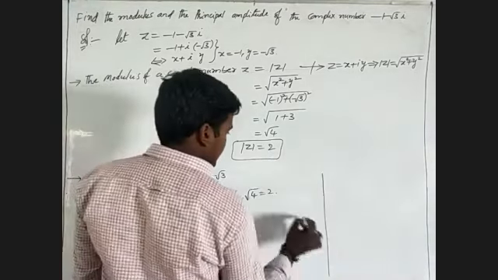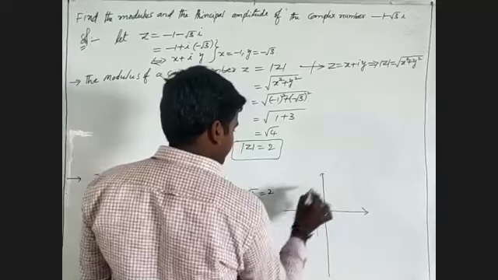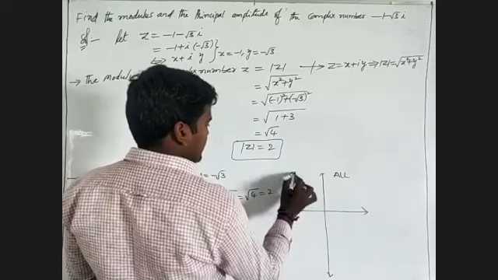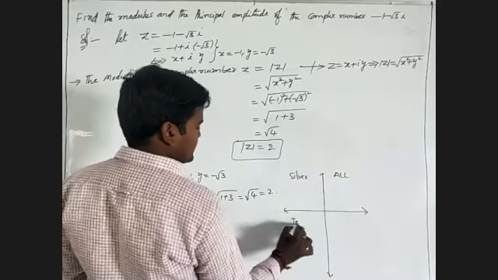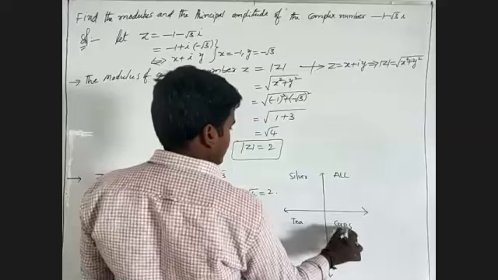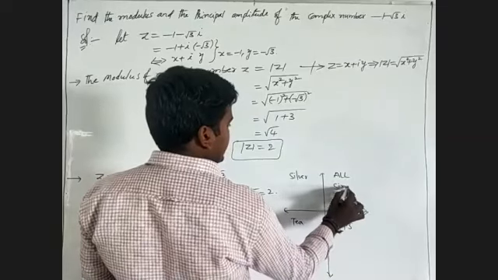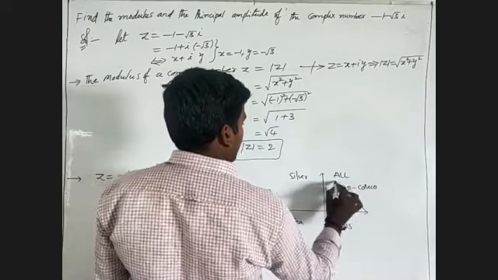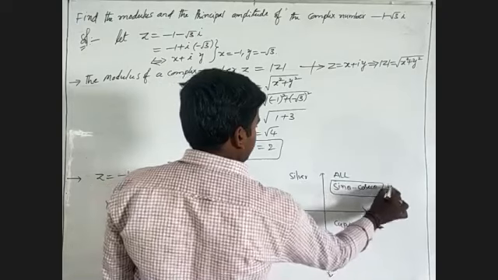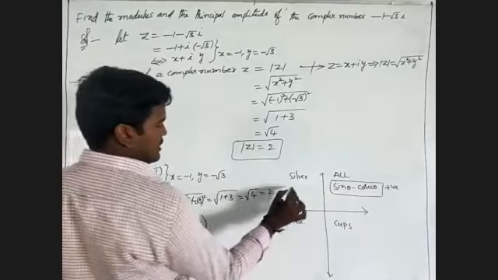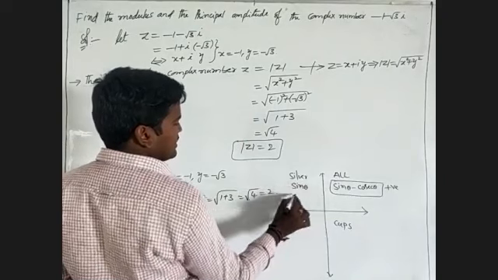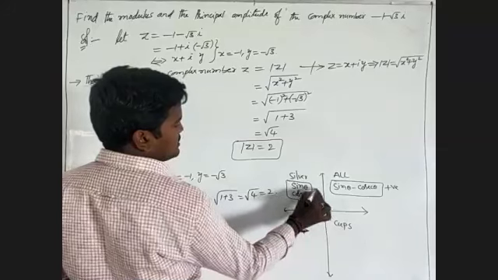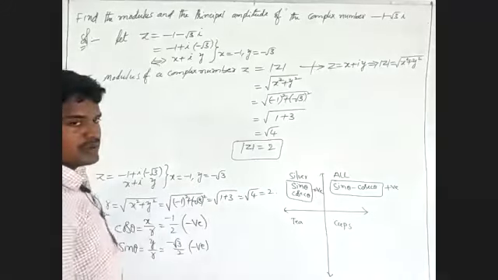We will draw a trigonometric table, all silver tea cups. In the first quadrant, all are positive. In the second, sin theta and its reciprocal cosecant theta are positive, remaining all are negative.